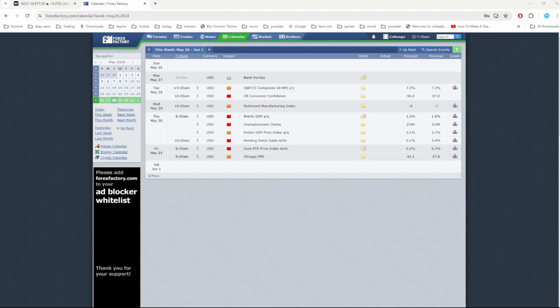We specifically had a week where we had a whole bunch of red folders, no clear directional bias on the daily, and we would then just look at taking trades on session liquidity, which means you basically utilize the hourly, the 15-minute, and your highest time frame would be a 4-hour chart.